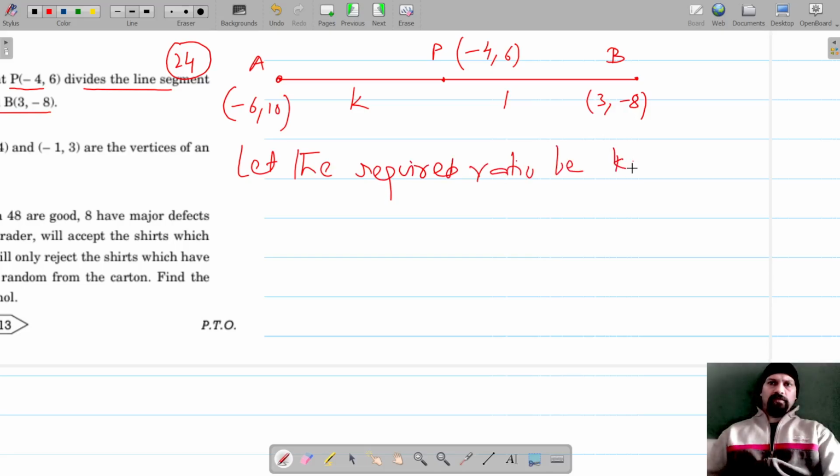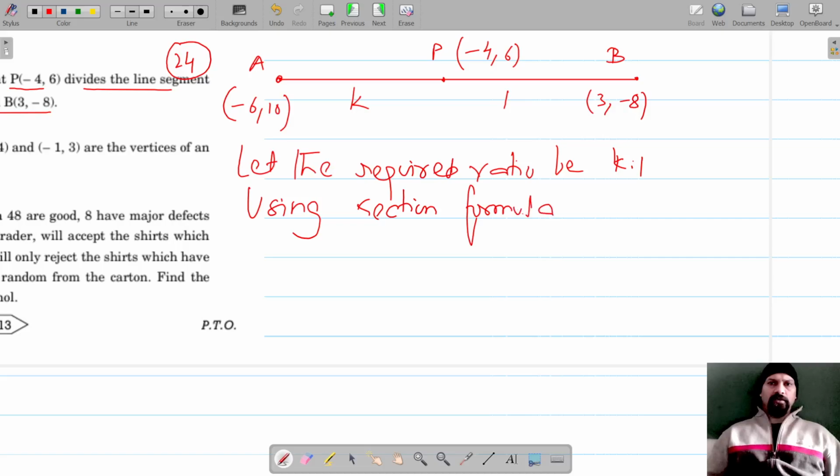So let the required ratio be k is to 1, and we are going to use the section formula to find the ratio. I'm going to write down the section formula first, and then we are going to substitute the values in that formula.